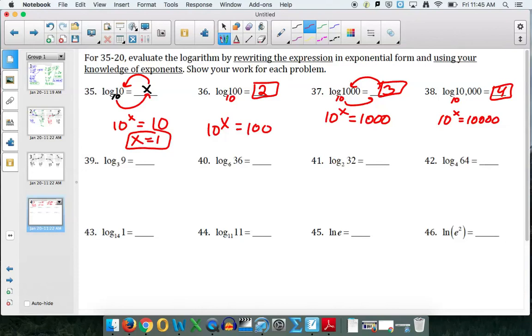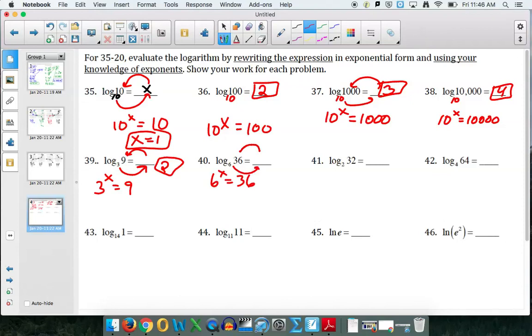So let's apply this to a few other kinds of problems. So 39, log base 3 of 9. This log base 3 of 9 is asking us 3 raised to what power is going to give us 9. Hopefully you can notice that that is 2. So log base 3 of 9 is equal to 2. 40, 6 to what power is going to give us 36?